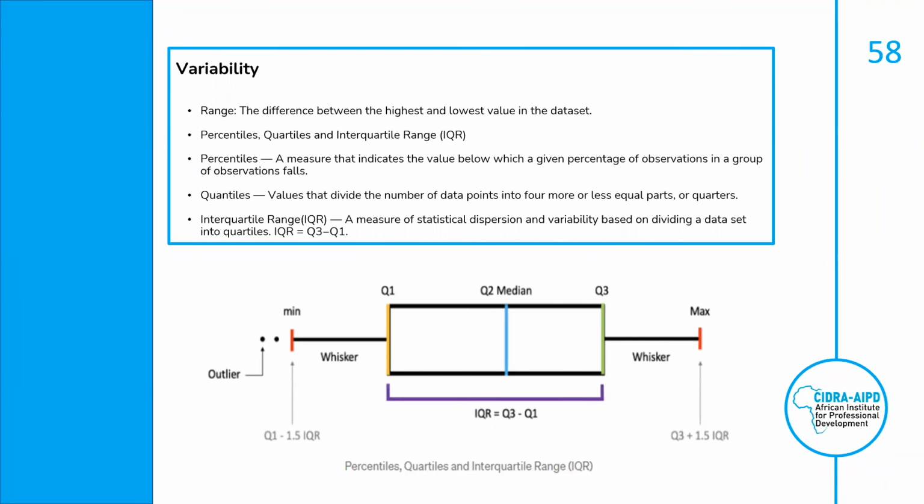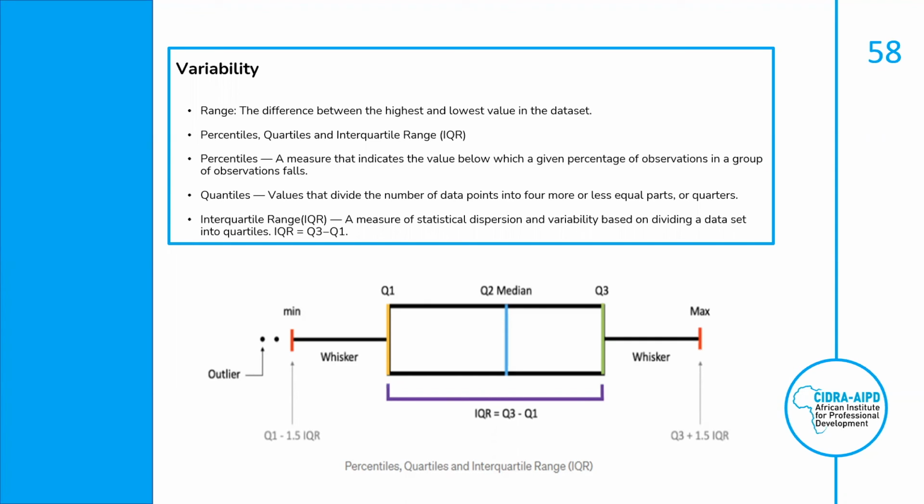Variability. Range, the difference between the highest and the lowest value in the data set. Percentiles, quartiles, and interquartile range, IQR. Percentiles, a measure that indicates the value below which a given percentage of observations in a group of observations falls.